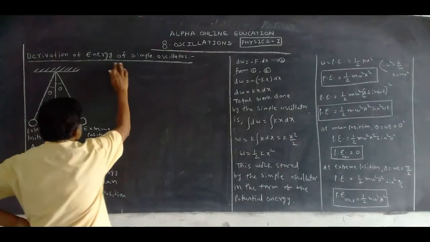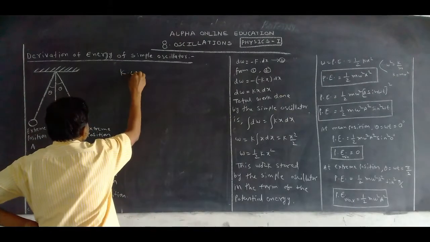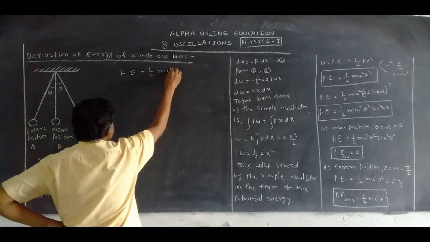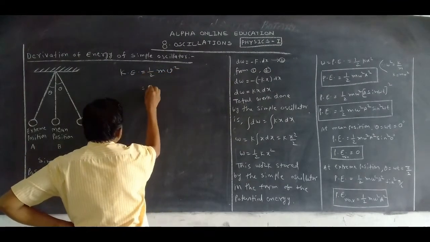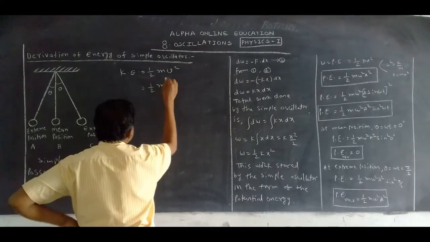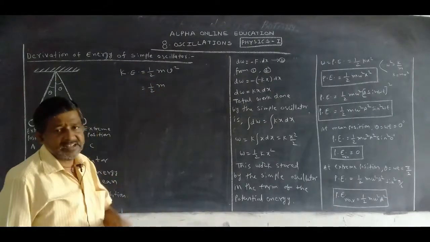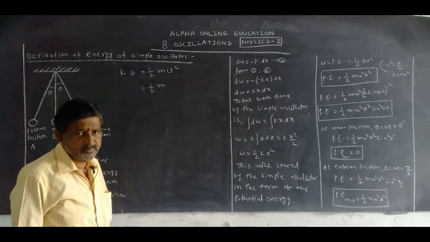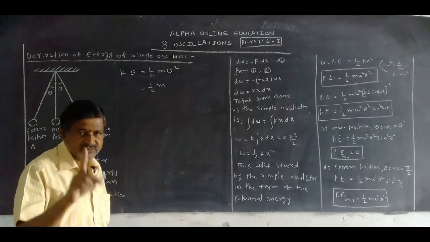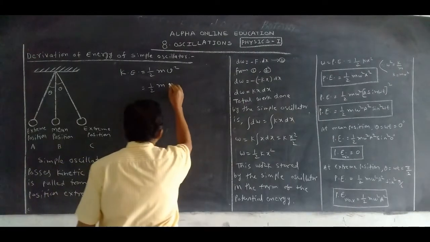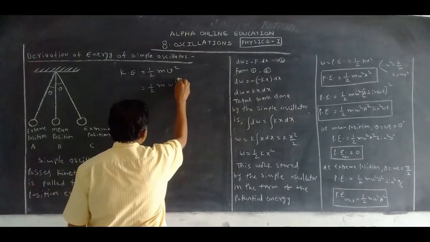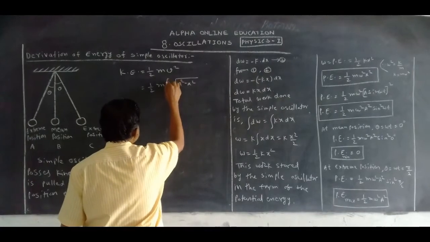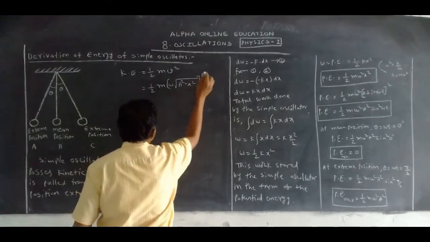Now, we know the equation for the kinetic energy, half m v square. What is v? Velocity. We know the equation for the velocity of the simple oscillator. It also has two forms. The first form is omega into root of a square minus x square.